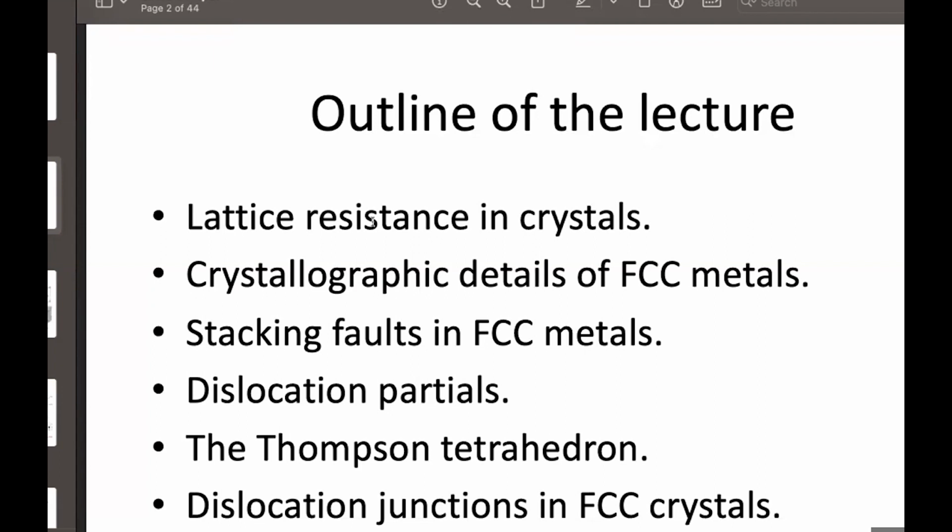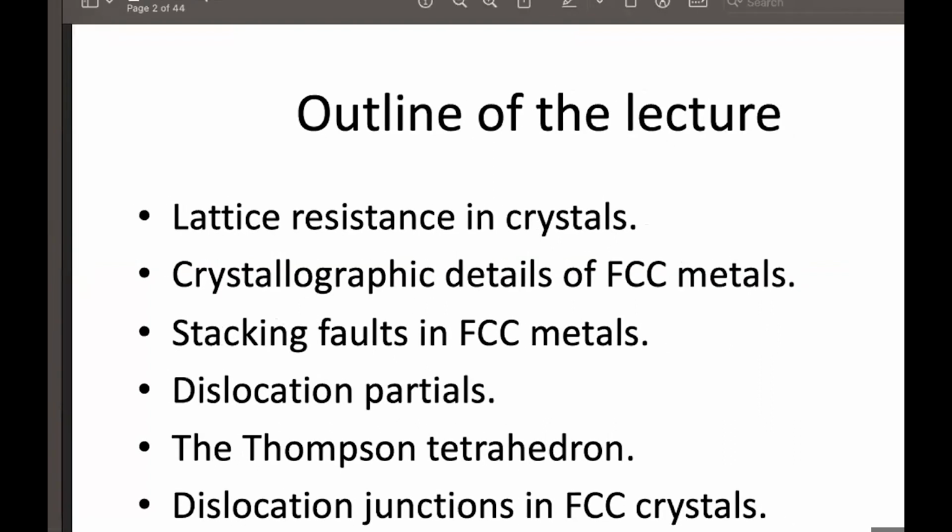So we have covered these parts. So let's remember, is the lattice resistance in FCC high or low? Anyone? Please, guys, help me here.